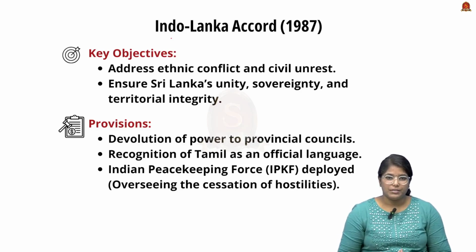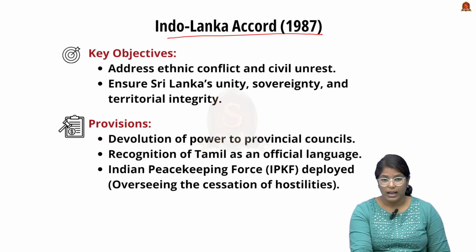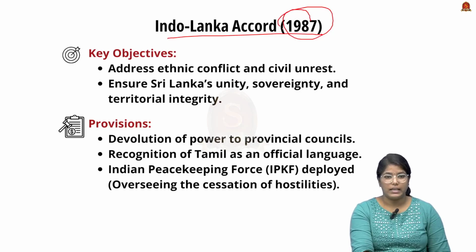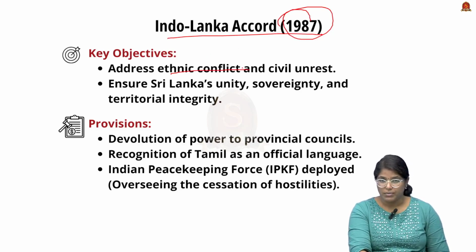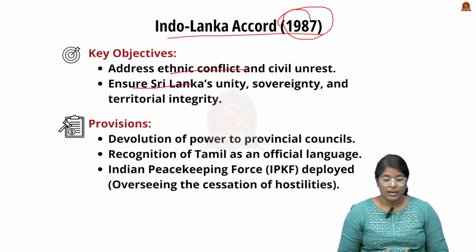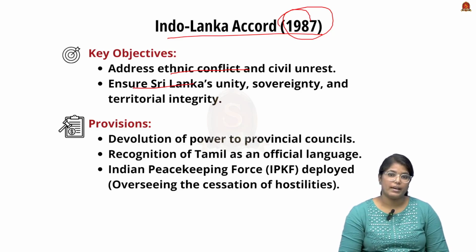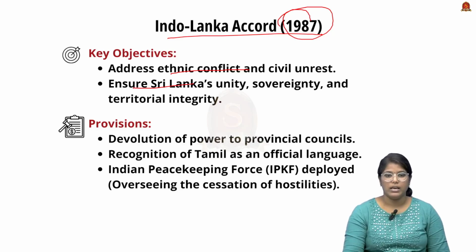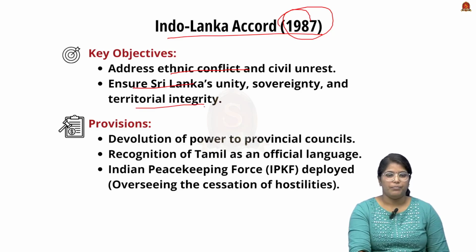However, during the civil war, the Indo-Lanka Accord was signed in 1987. This accord addressed the ethnic conflict and the civil unrest in Sri Lanka. It ensured Sri Lanka's unity, advocated equal treatment of all citizens, and even prescribed territorial integrity as well as sovereignty.